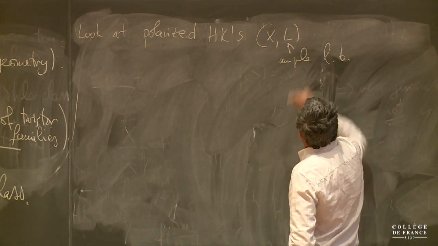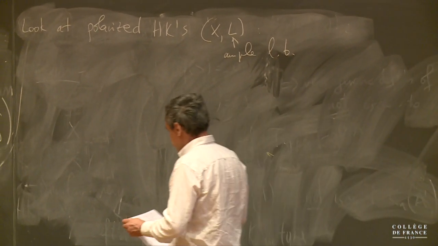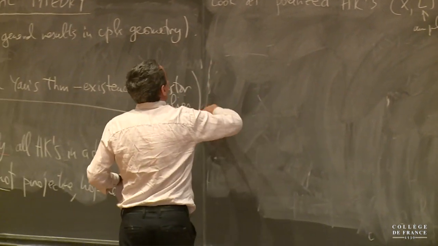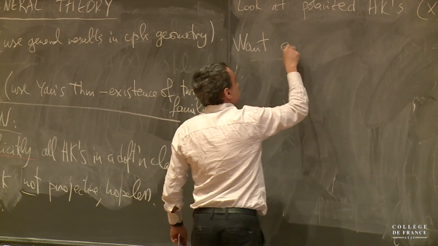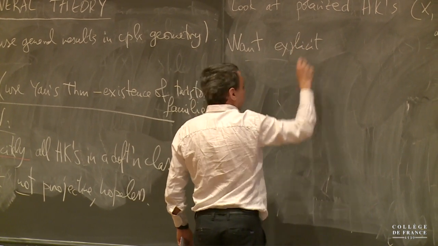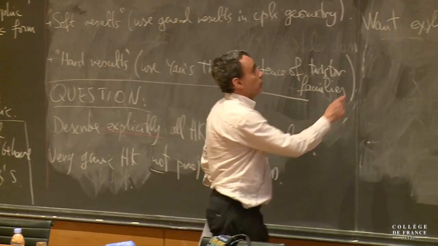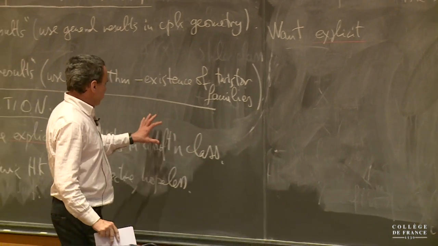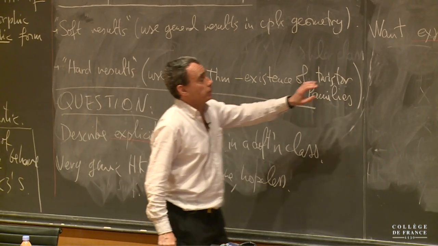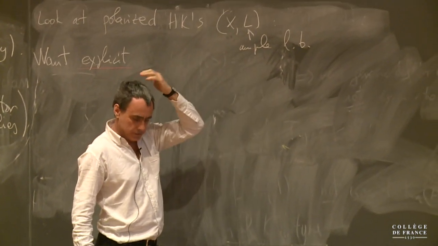Okay. And so we want, let's be a little bit more precise, we want explicit, but the emphasis is on explicit. Otherwise, existence, we know since the deformation theory, as I said, is very good for Hyper-Kählers, but similarly, it's very good for polarized Hyper-Kählers.